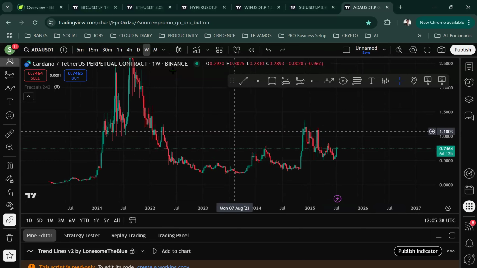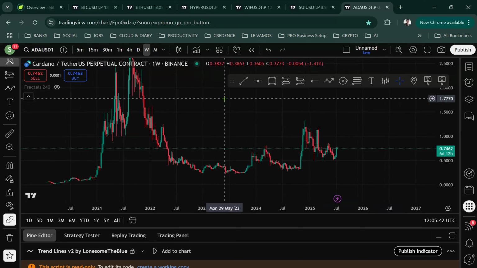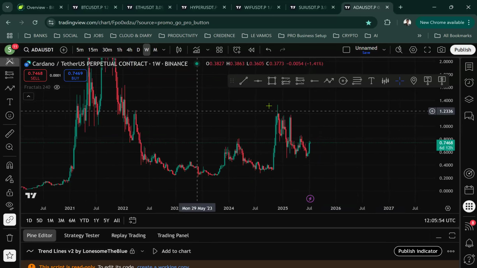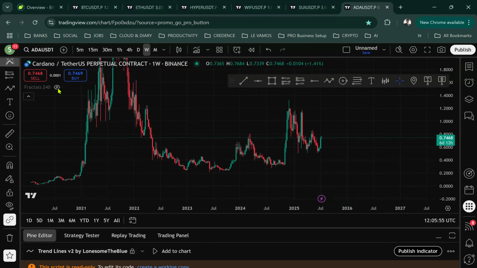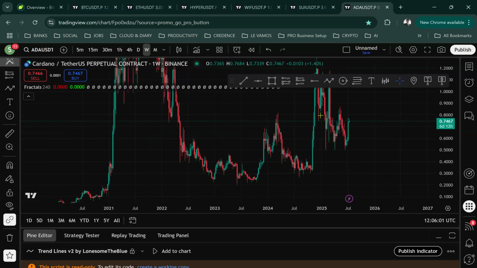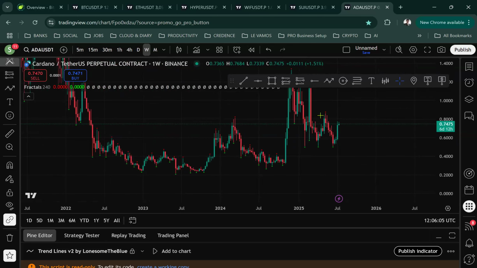As we discussed, I'm just going to the weekly time frame, which is the highest one, in the observation part to identify the key level. Okay, so now this is the weekly time frame. I'm trying with the fractal. So somewhat I identify.